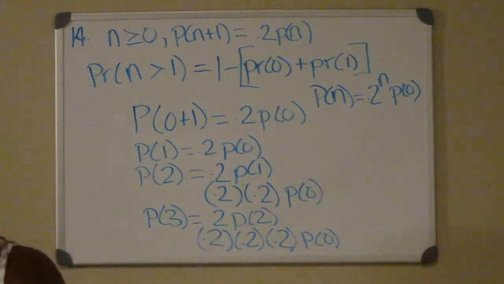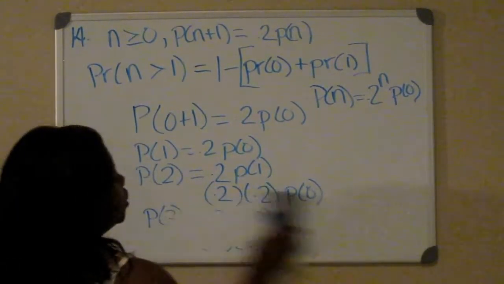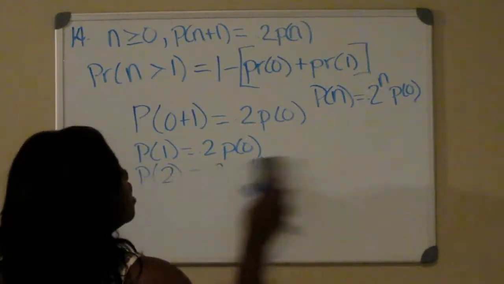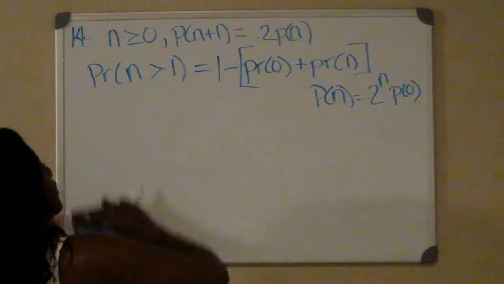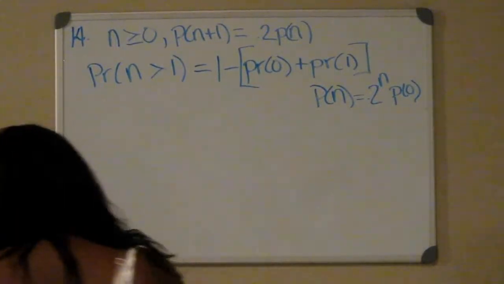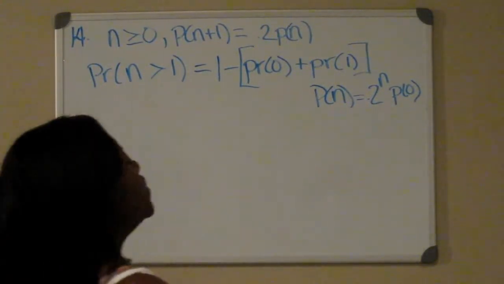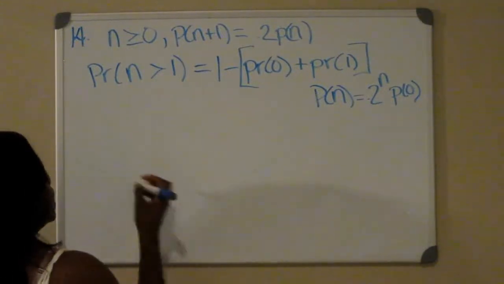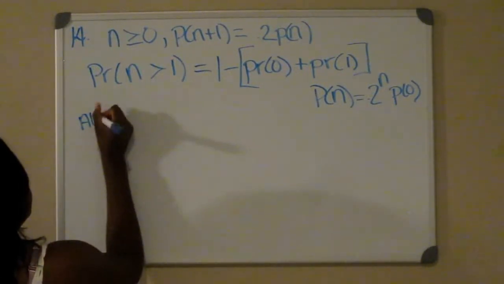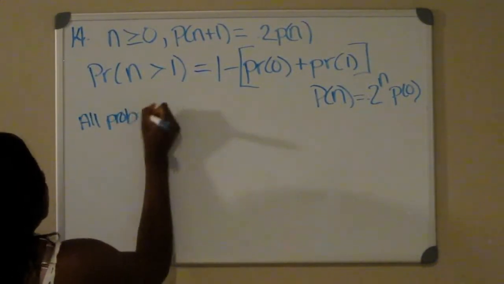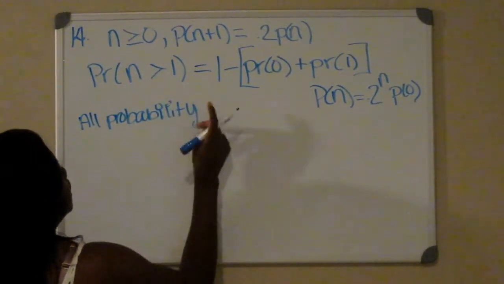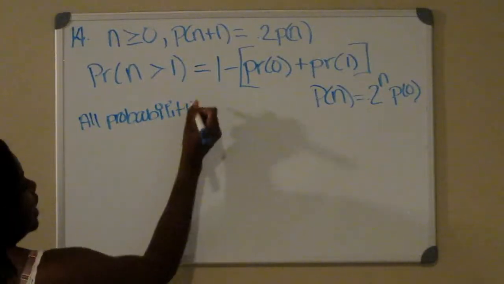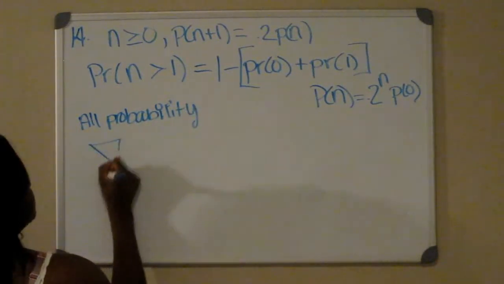Now we know that the probability of n is equal to that. How does that help us? This is the tricky part where I always get confused. Alright, what do we know? We know that all the probabilities, which can be written way better than this, so I'll show you the notation that they use.